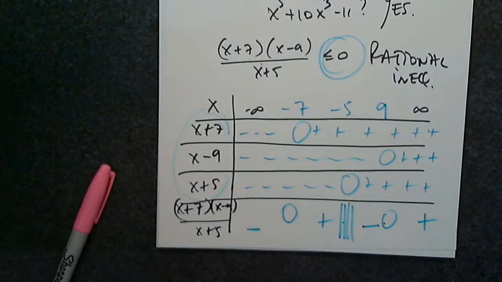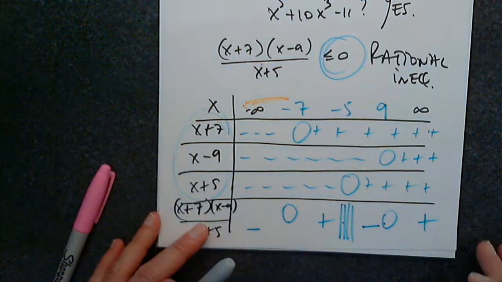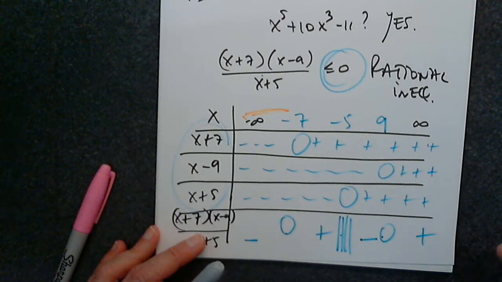And now please tell me, what will you pick? Because you can only pick one or the other. -7. So which sign are we picking? -7. Very good, indeed. Perfect, yes. Negative infinity, -7, and -5 and 9.